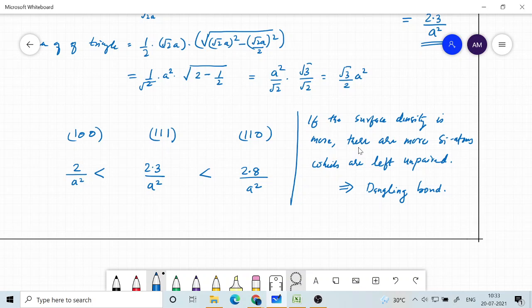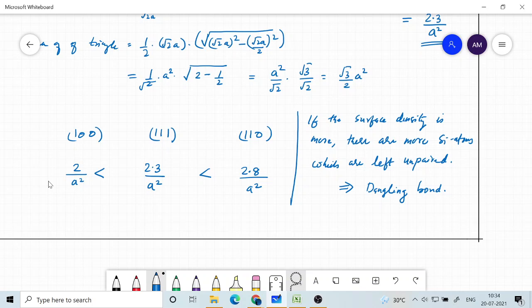So we have to minimize this reactivity of the surface. Okay, and the way we can reduce it by comparing the planes is to take the plane which has the least number of unsatisfied bonds per unit area. So that is basically 100.